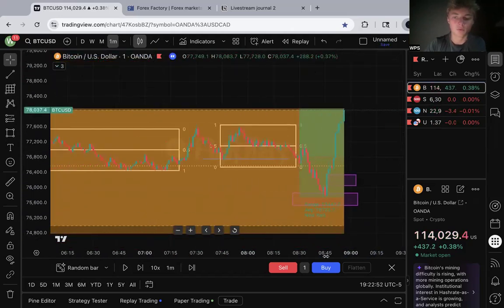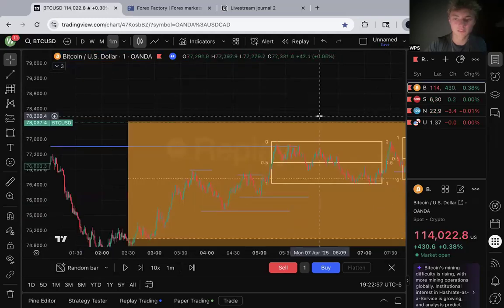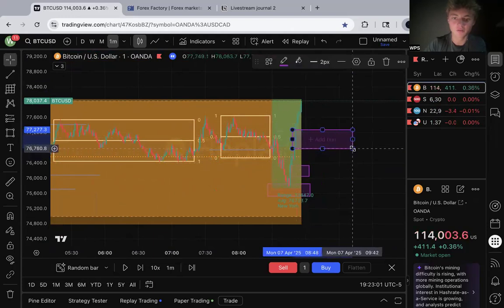Seem to be forming even more. Again, waiting for a retracement right here.